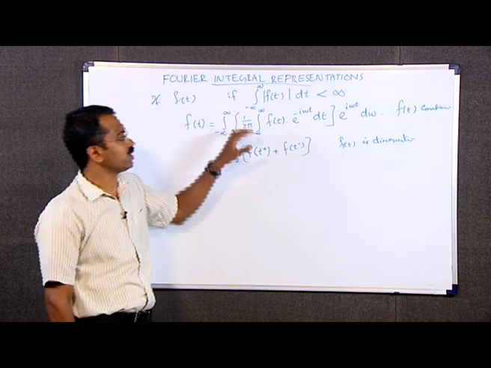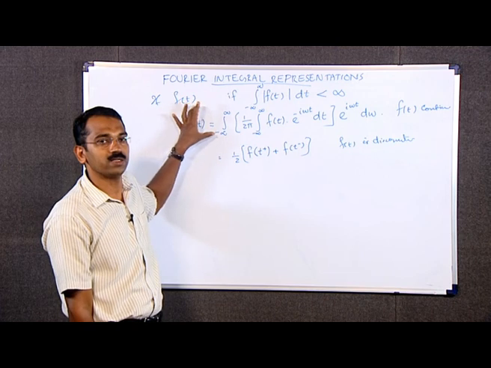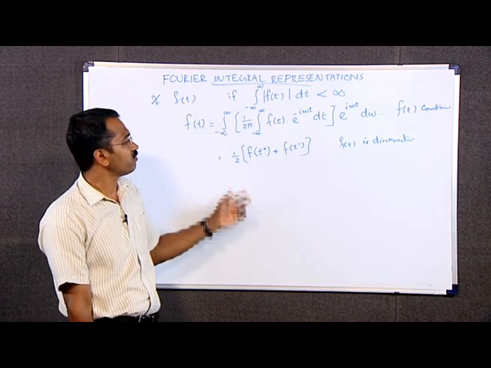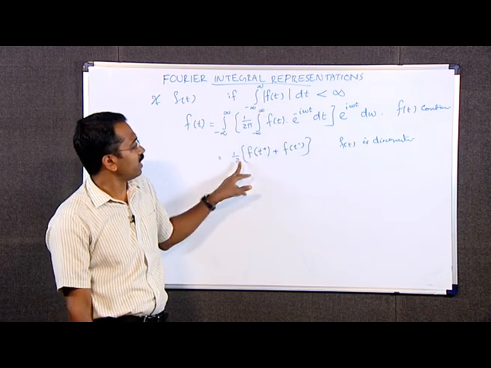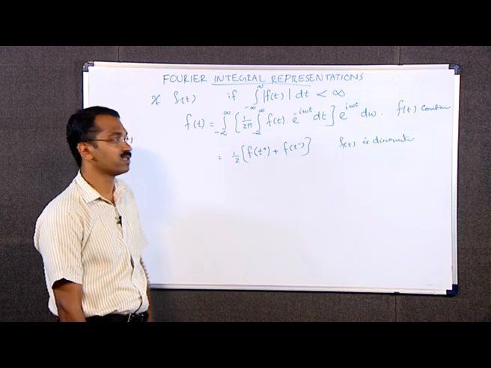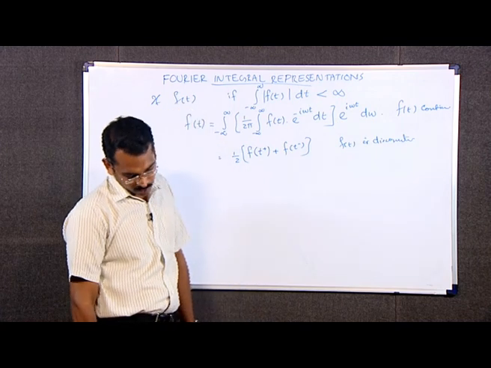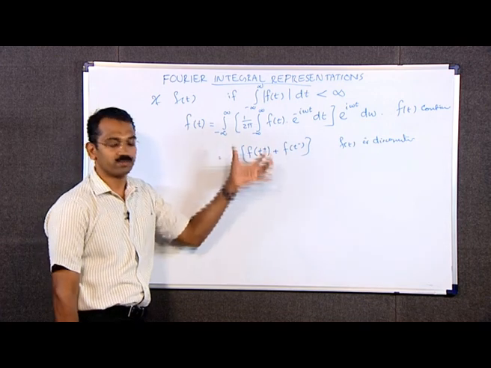At all points of continuity, we can represent the function f of t as this integral. If there are discontinuities, then we can write the right hand side as the average of the left hand limit and right hand limit at the corresponding point of discontinuity, which is the Fourier integral theorem.